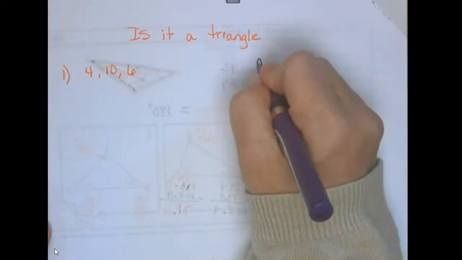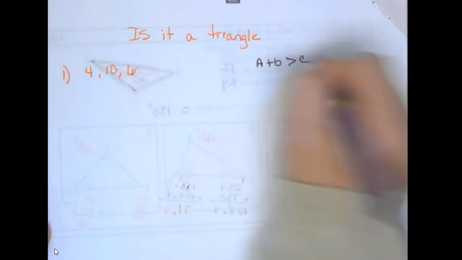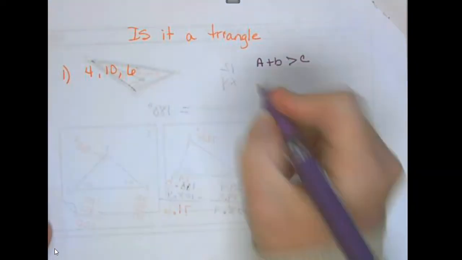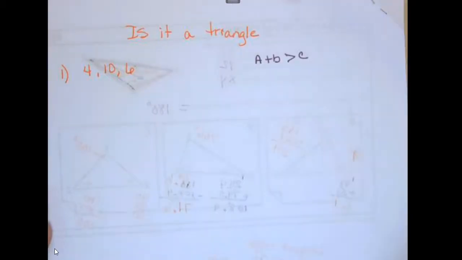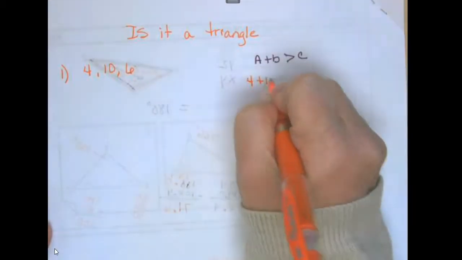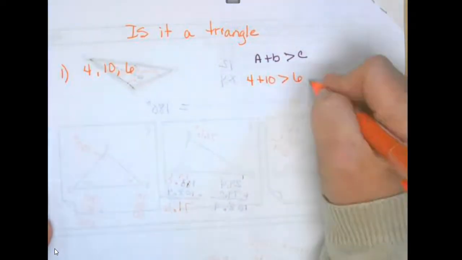So A plus B has to be greater than C. Two sides you add together has to be greater than the third side. So let's look at it. 4 plus 10, is it greater than 6?